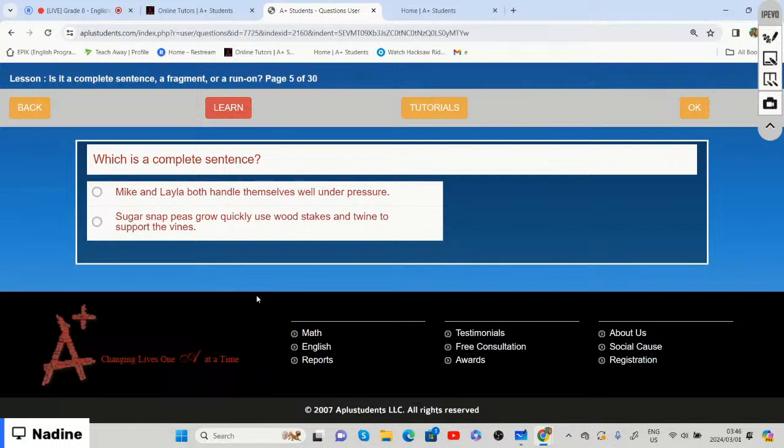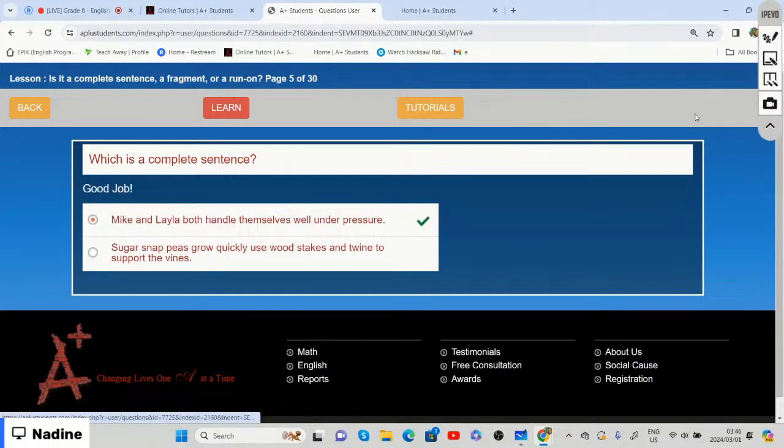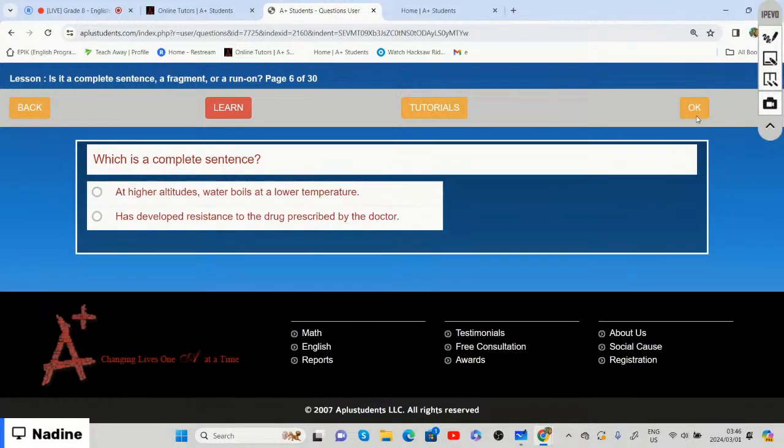Now, a complete sentence. It says Mike and Layla both handle themselves well under pressure, or sugar snap peas grow quickly. Use wood sticks and twine to support the vines. So we need to say which one is the correct one. A complete sentence, then we can say Mike and Layla both handle themselves well under pressure. All right.